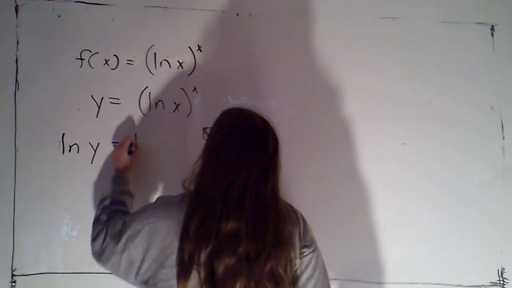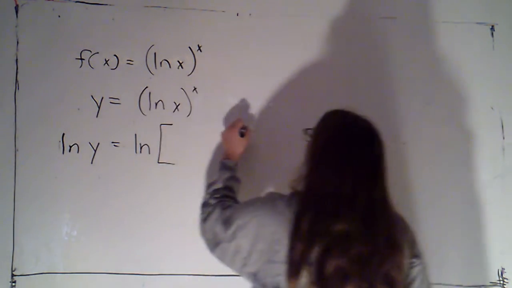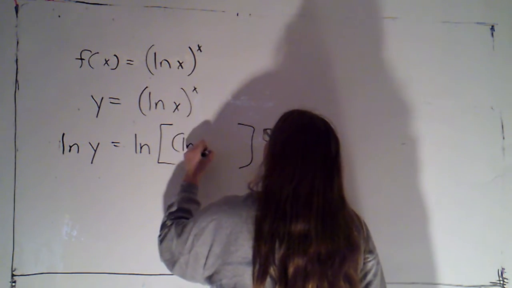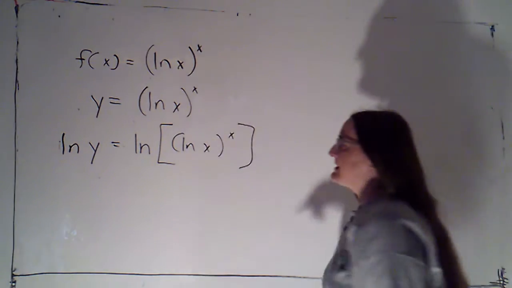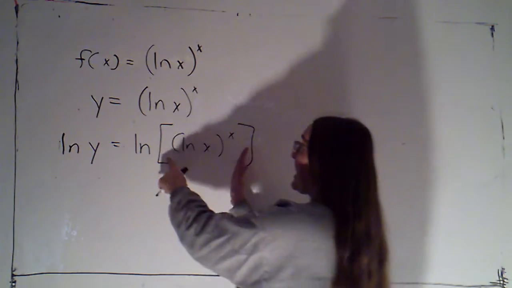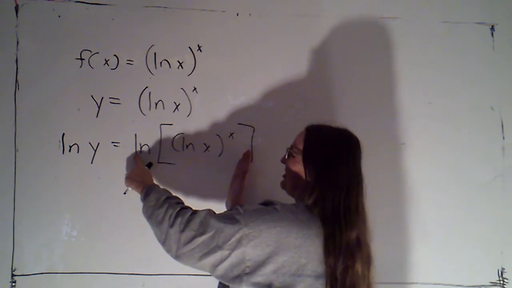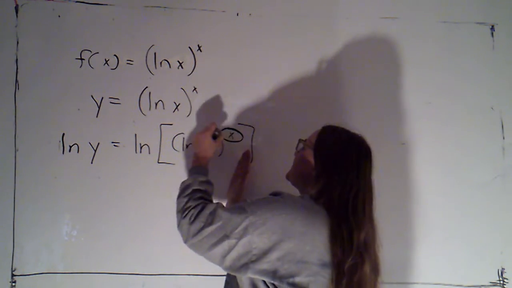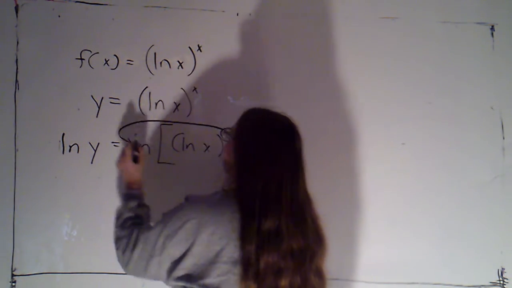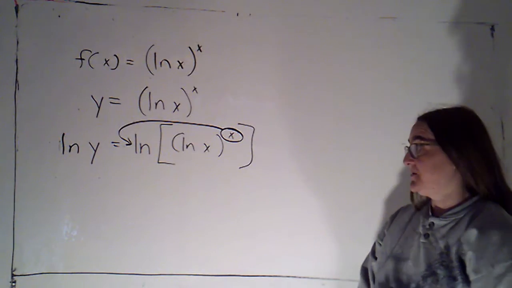All right, so this is going to become the natural log of the natural log of x to the x. Now I have a power in the argument of that natural log. So I can use the power rule of logs and bring that x down in front.